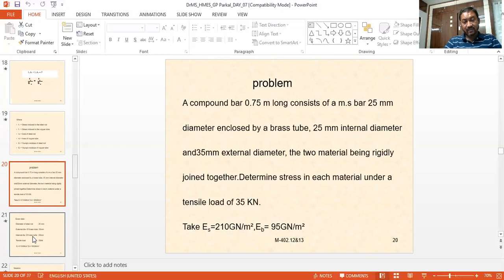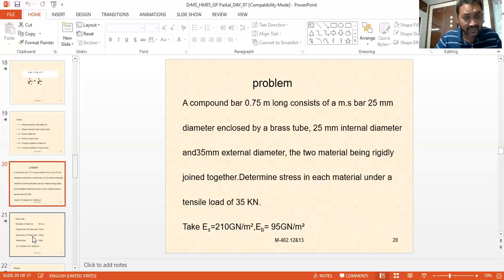Take Young's modulus for steel, Es, equal to 210 giganewtons per square meter, and Young's modulus for brass, Eb, equal to 95 giganewtons per square meter.